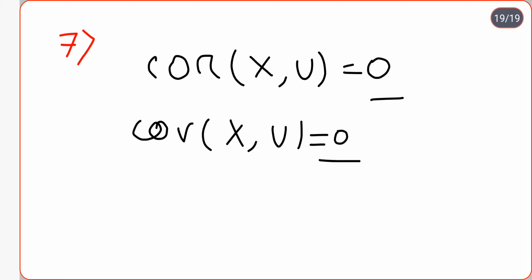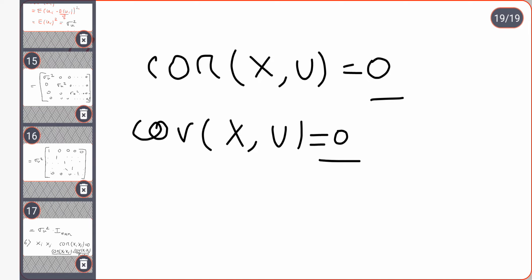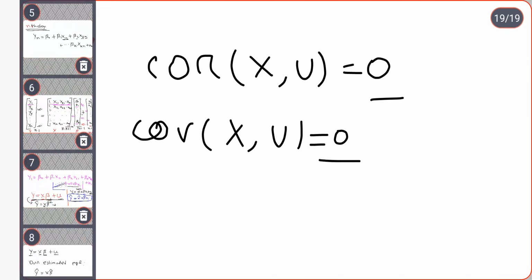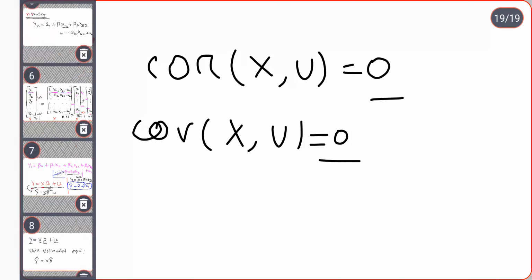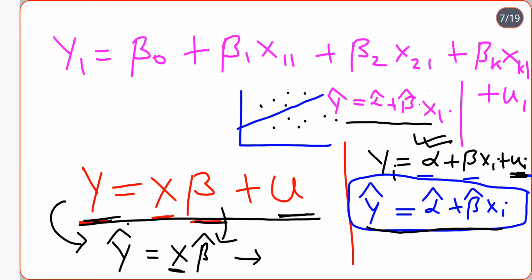Now if I want to find out the calculation of the least square method, how can we find out the value of the parameters in the regression equation? As I have said, in the two variable model which was written here, our objective was to find out alpha hat and beta hat.